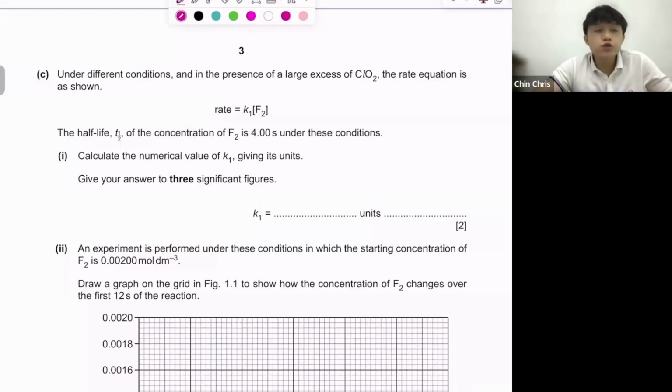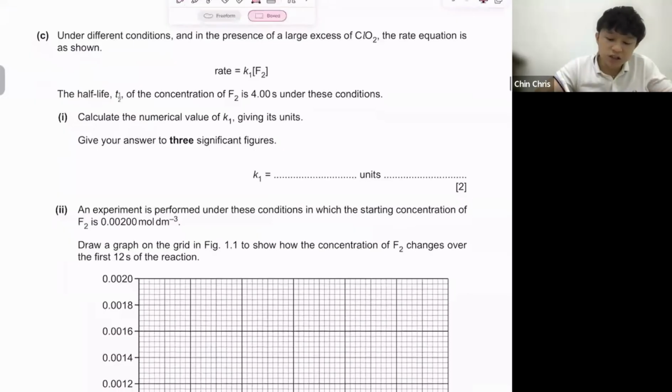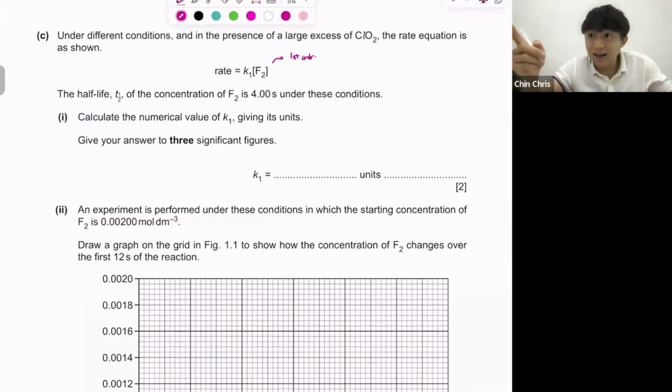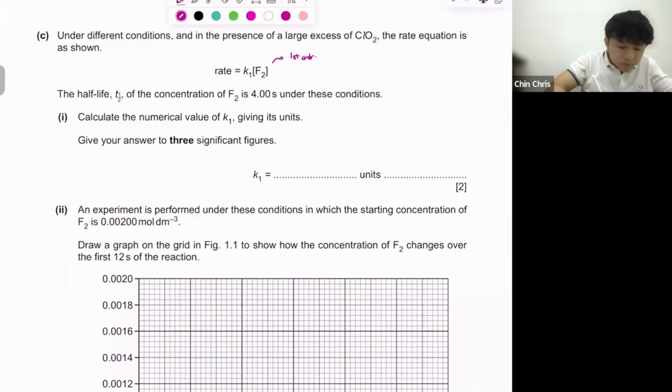So, guys, I introduced you a formula. You see that this is a first order. So, what did I mention about first order? Half-life is the same, right? Remember that? So my half-life is ln 2 over k. Well done. Okay, it's k equals ln 2 over half-life.